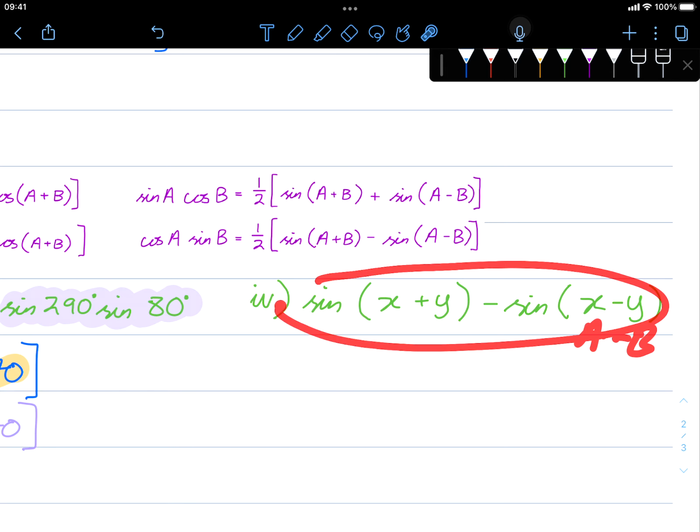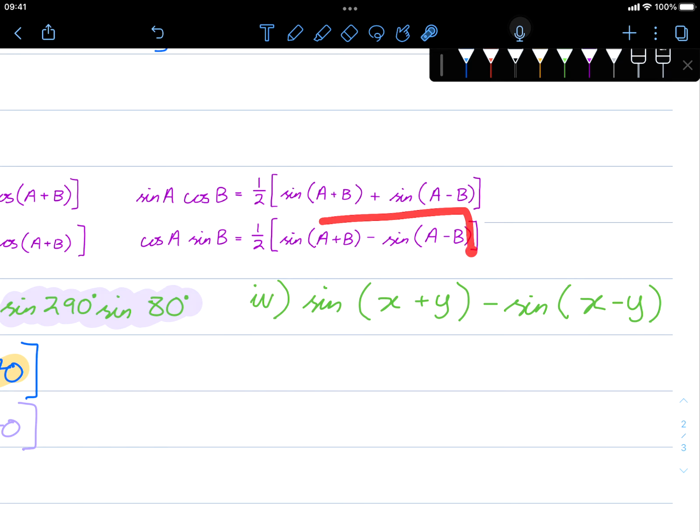So this expression looks very close to this one. All it needs is if it had a half on the outside, like so. But since we don't have the half, we can get rid of this half by multiplying by 2 to make it 2 cos A sine B equals everything here.